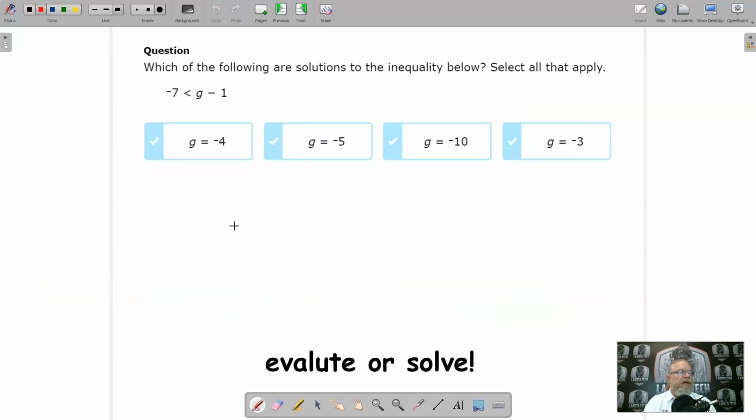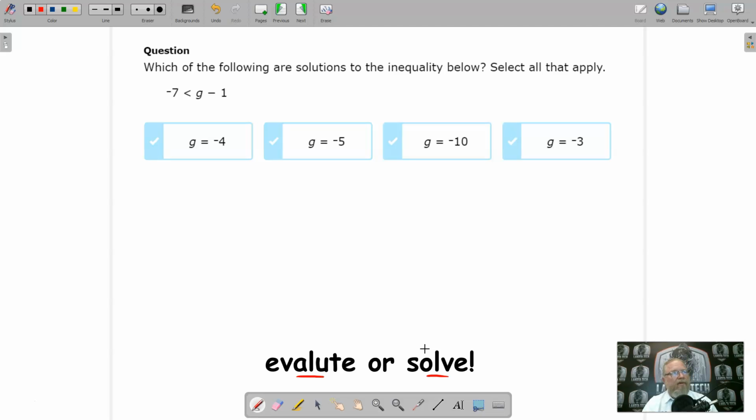On the next one here, I put down here evaluate or solve. Whenever I put this presentation together, I was thinking about just solving them, because since I already know how to solve the equation, get it down to where I just have a variable on one side, the inequality symbol, and then a value on the other side, just like doing equations, normally I would do that.